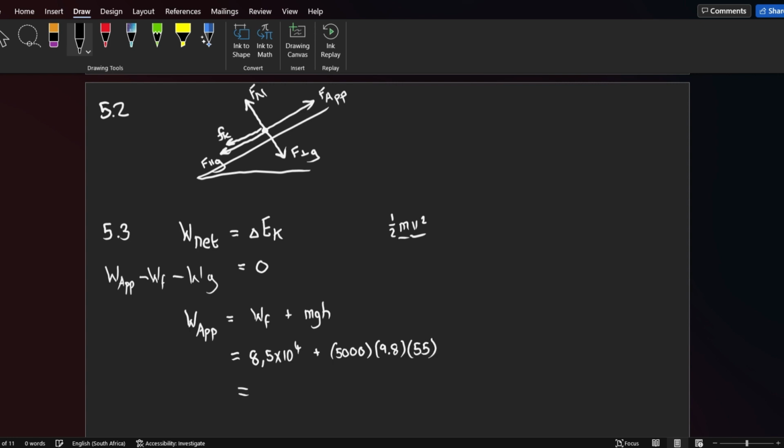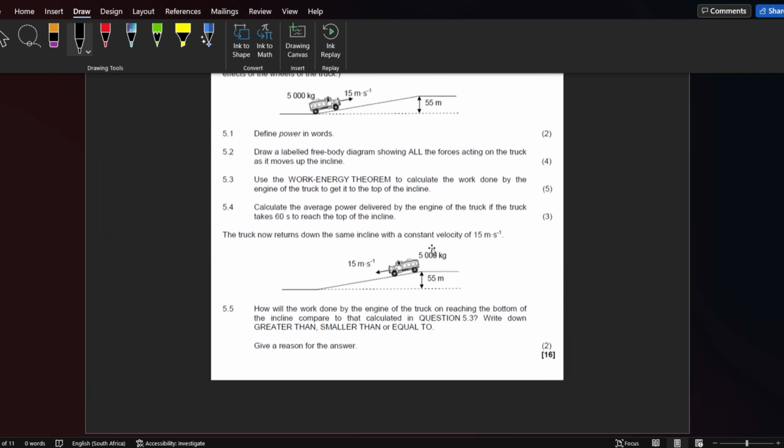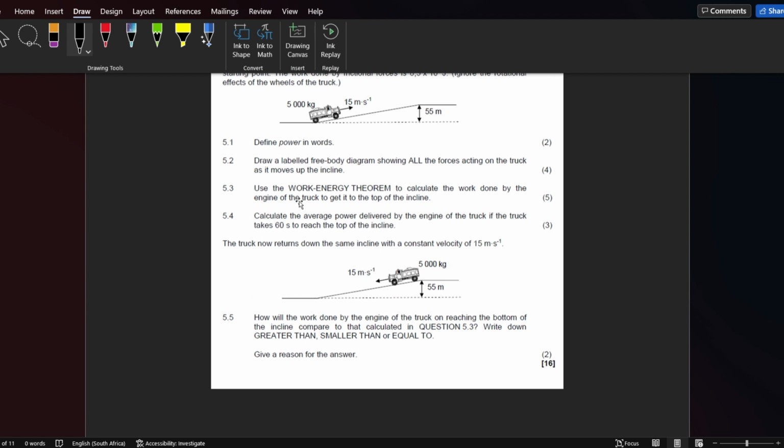And if we add those two together, then we should get 2.78 times 10 to the power 6 joules. Always indicate your units. Okay, so that is the work done by the engine of the truck to get to the top of the incline.